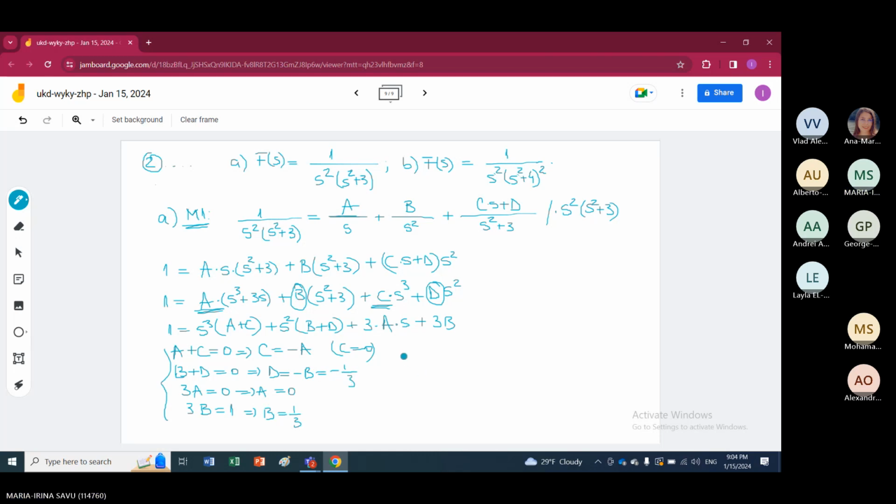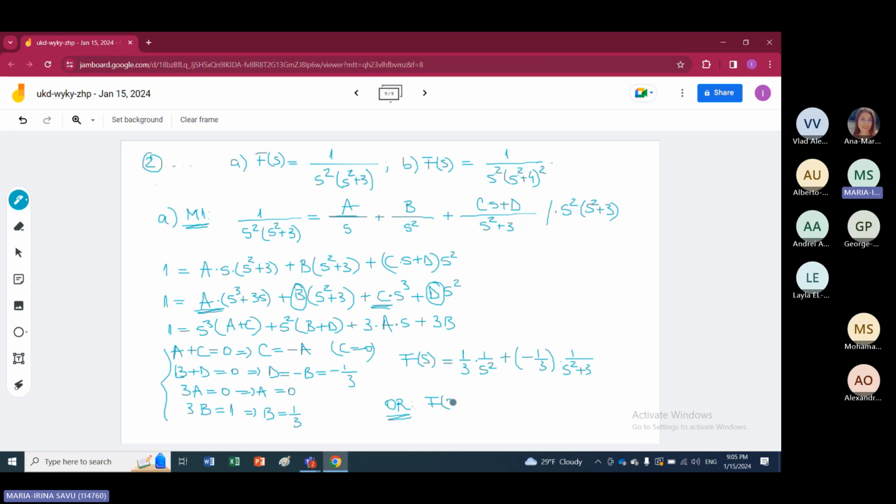At the end, you get that f of s is equal to, a is 0, so we don't have this fraction. B is 1 over 3, so we have 1 over 3 times 1 over s squared, plus c is 0 again, and d is minus 1 over 3, so I have minus 1 over 3 times 1 over s squared plus 3.